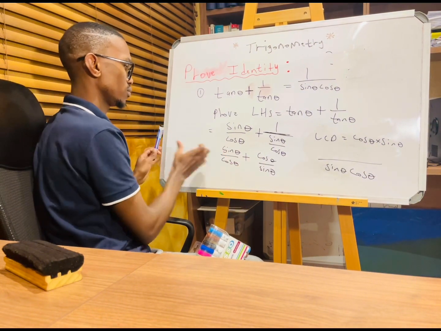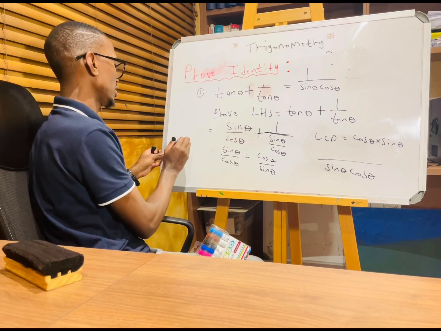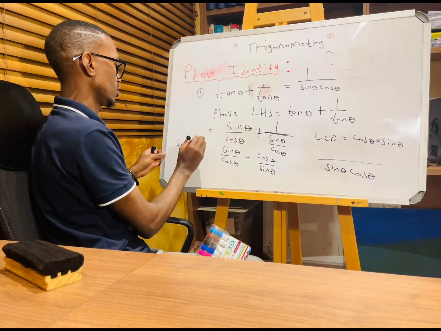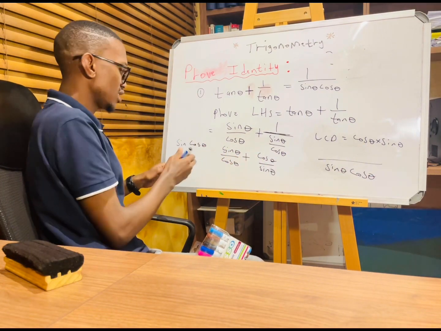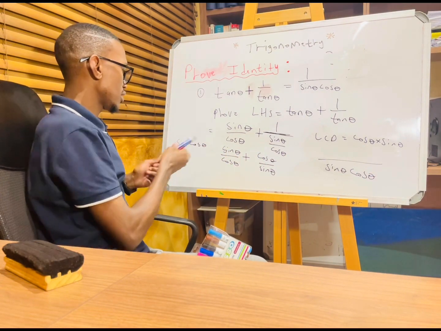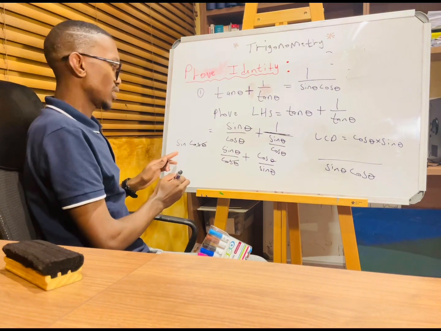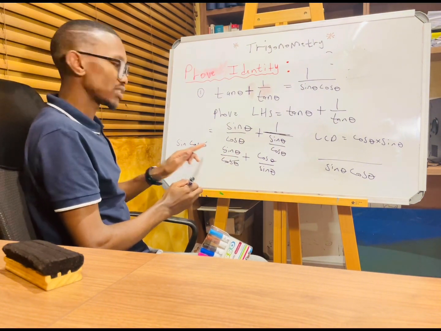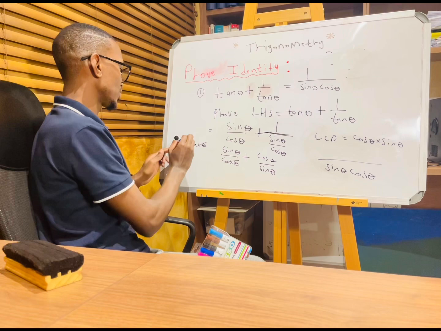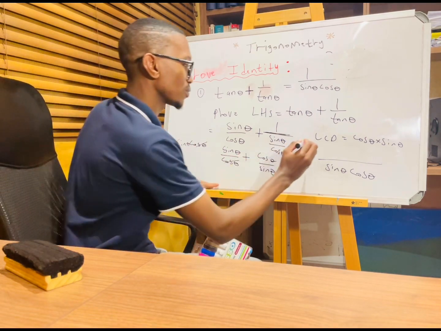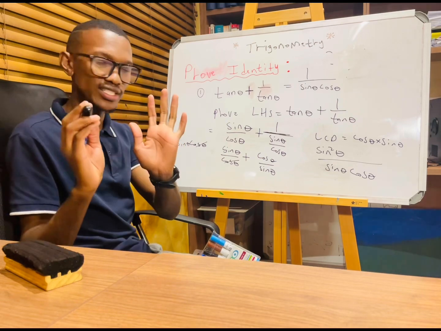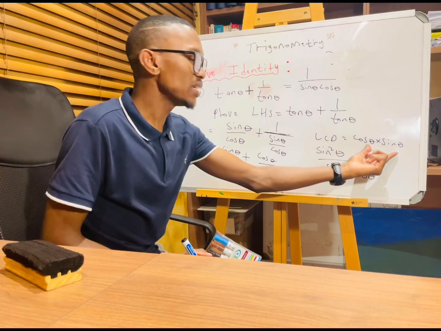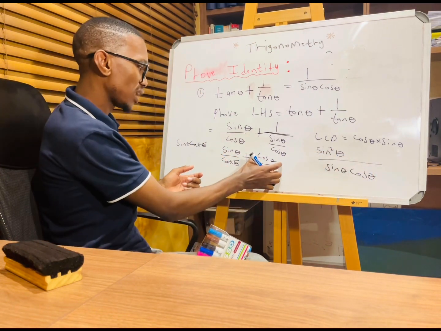Now check, if you multiply cos theta sine theta here, what happens? Let me show you. Sine theta cos theta, I take this and multiply it on this fraction. Check what's going to happen. This one goes with this one. Then I'm left with sine theta times sine theta times sine theta. So I'm going to have what? Sine squared theta. You're done. Then I'm going to take the same LCD and multiply it here.